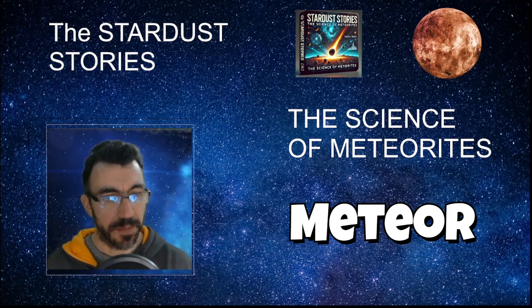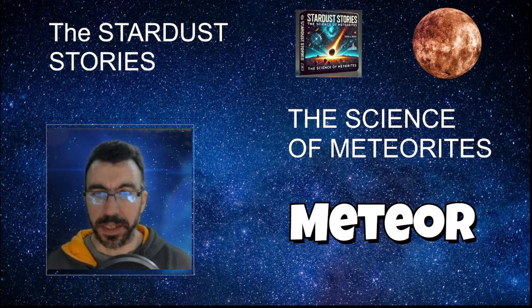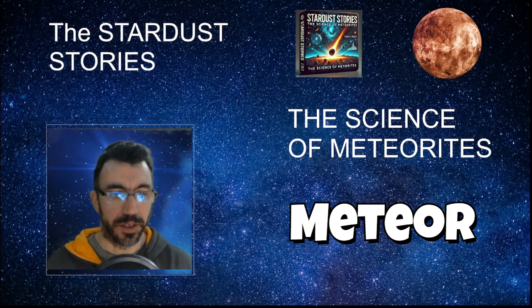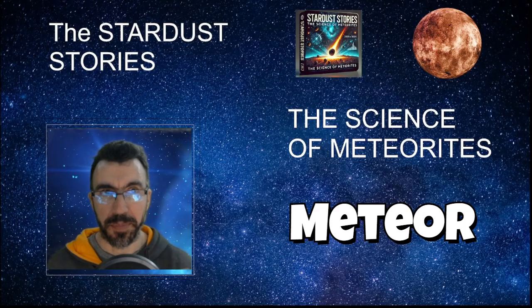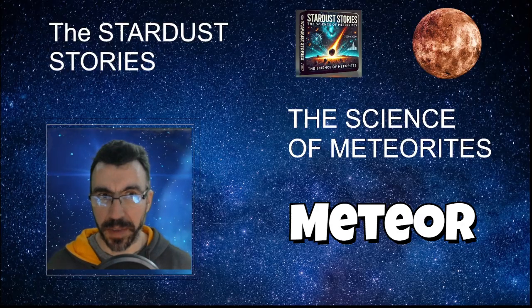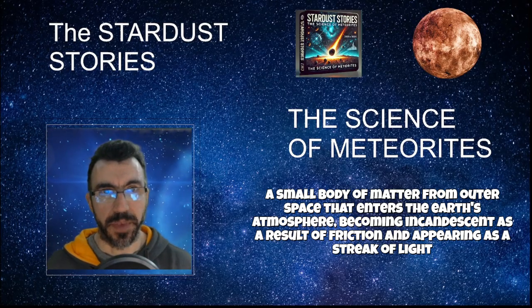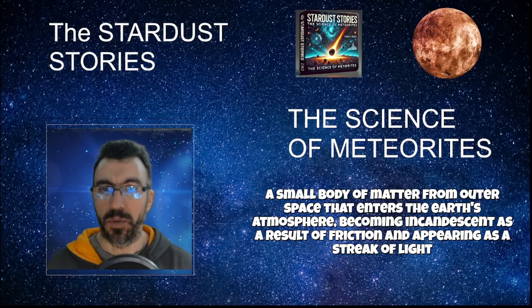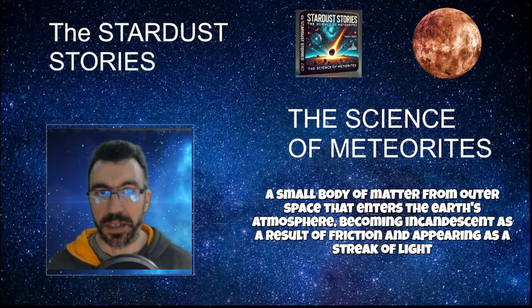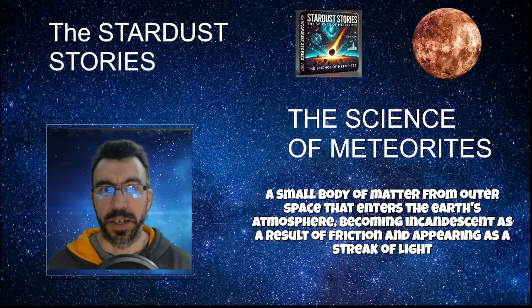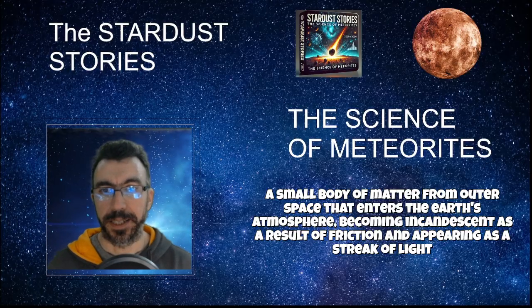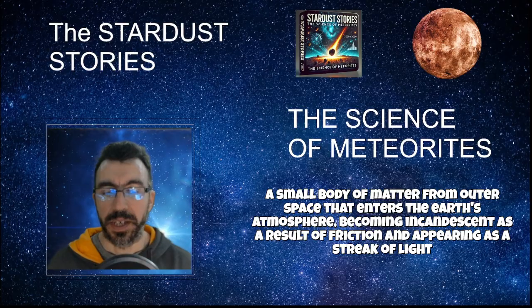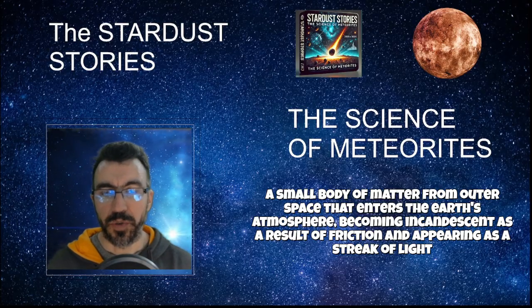A meteor is something that is coming from space, and you see a very nice illumination and light up in the sky. So a meteor is a small object, dust, rocky material that is passing through our Earth's atmosphere, and we see a nice illumination due to the very high speed.